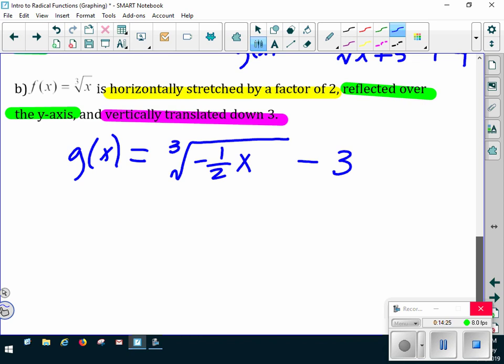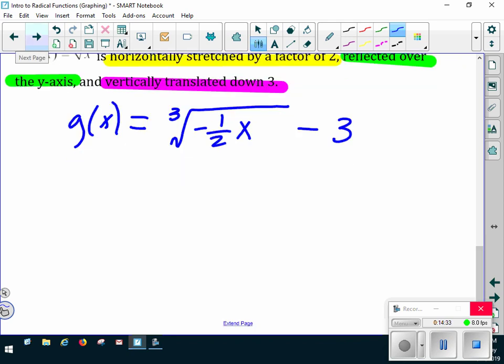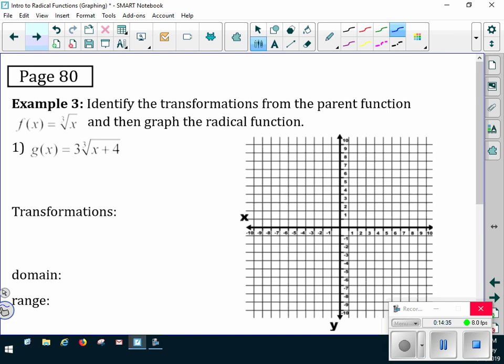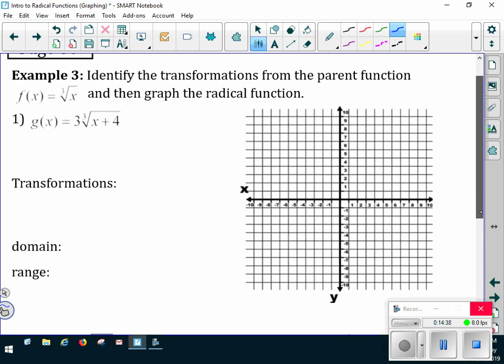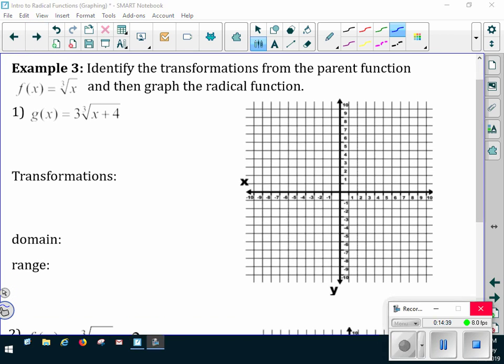Okay, now we're going to take the graph paper that I gave you. Didn't I give you a piece of graph paper? Fold it Z. Okay, I'm going to go through the first one with you. Identify the transformations from the parent function and then graph the radical function.